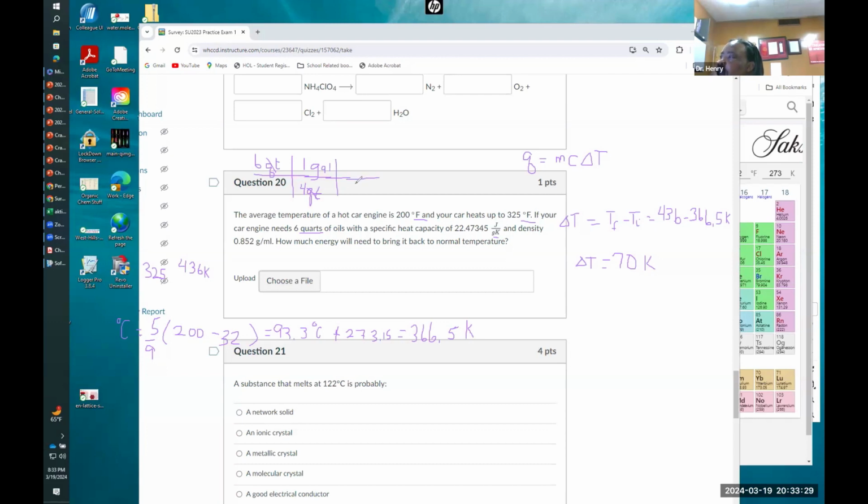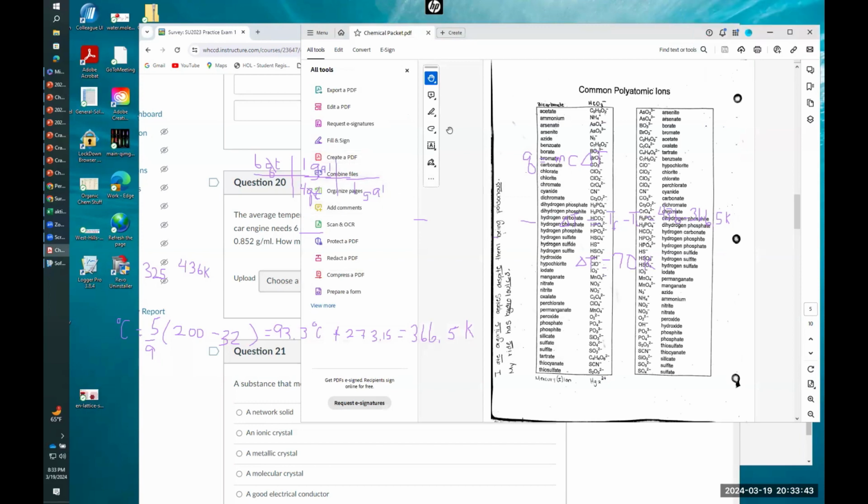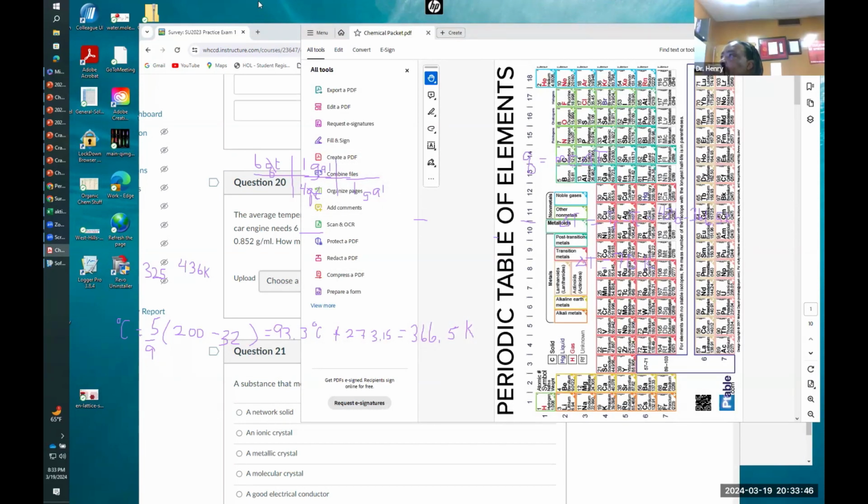And then we know that for every 1 gallon, we can use our conversion table. 3.785 liters. Okay, thank you. And then we want milliliters. So we know that 1 liter is going to be 1,000 milliliters.